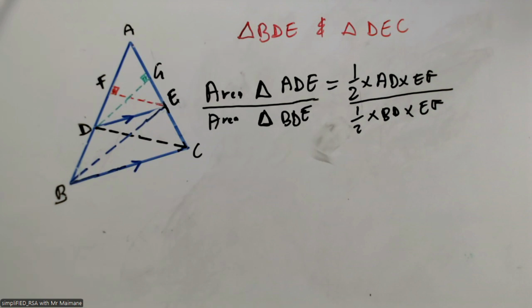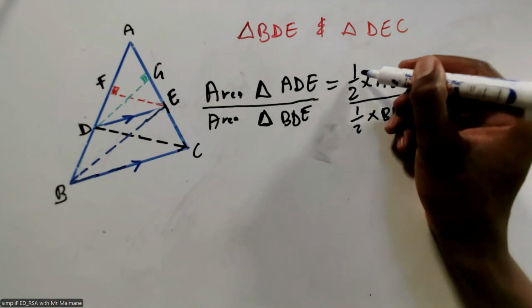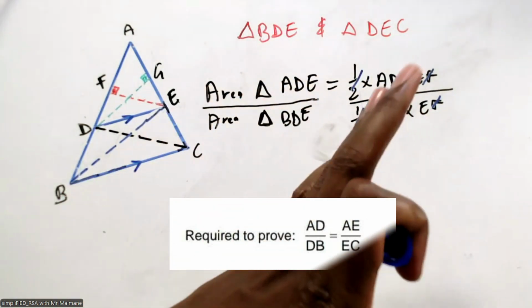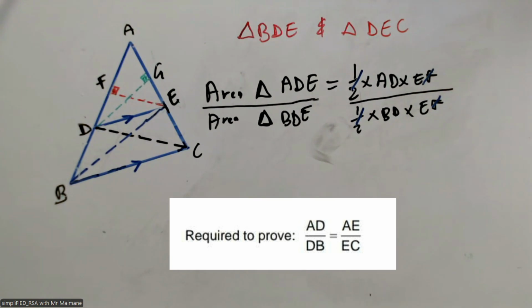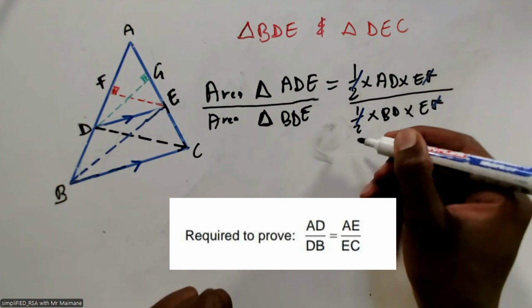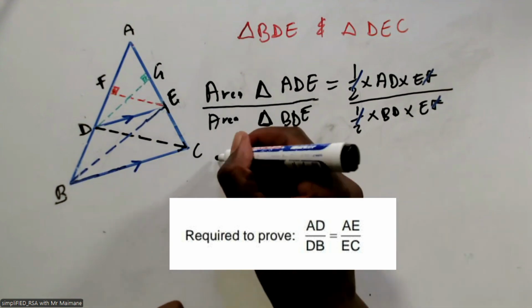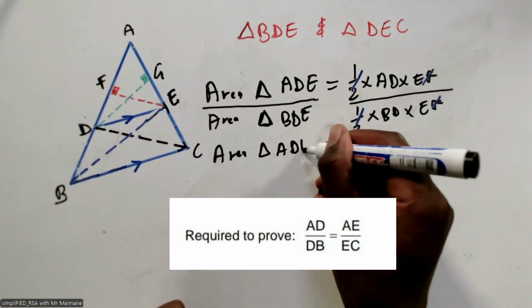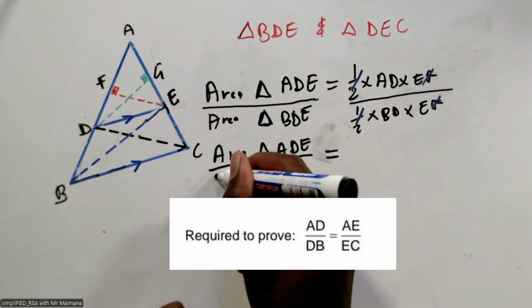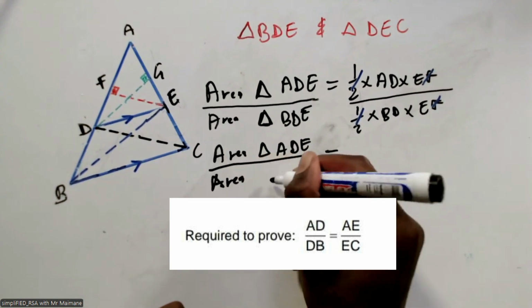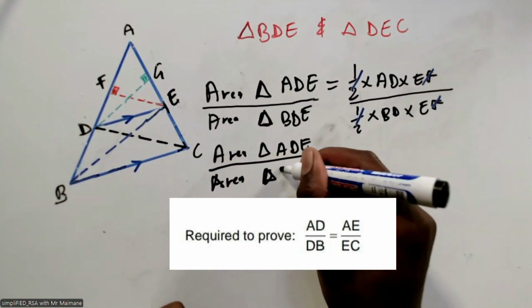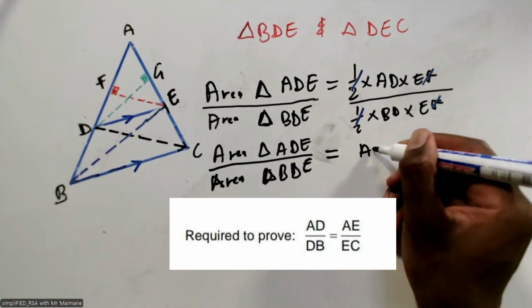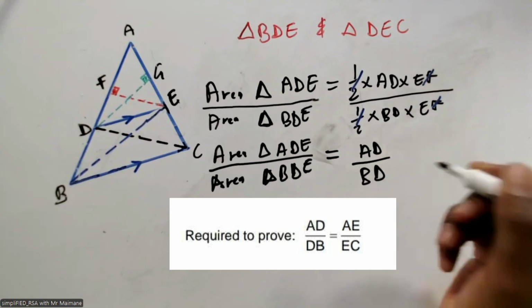Obviously now we are getting somewhere because we are manipulating this. You can see the half cancels the half, EF cancels EF. We're left with AD over BD, which is one side of our proof. So the area of triangle ADE over the area of triangle BDE is equal to AD over BD.